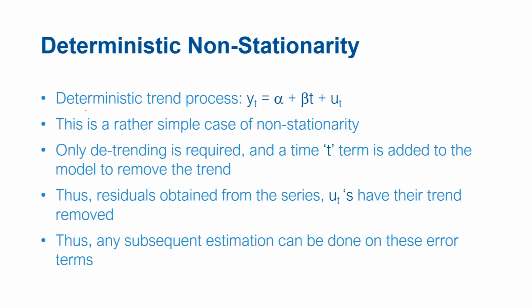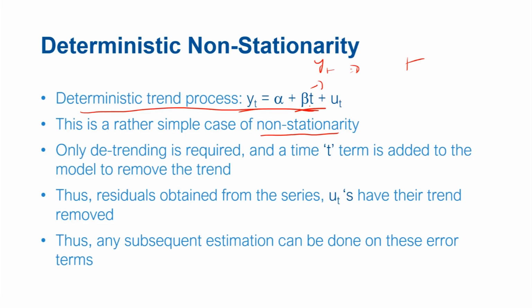Recall, we said that a deterministic trend process appears like this, where yt is a function of the time trend t. This is a rather simple case of non-stationarity, because to deal with it, all that is required is detrending. You model yt with the time trend t like this.